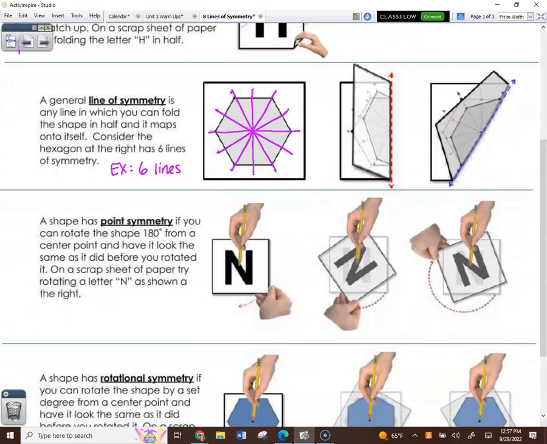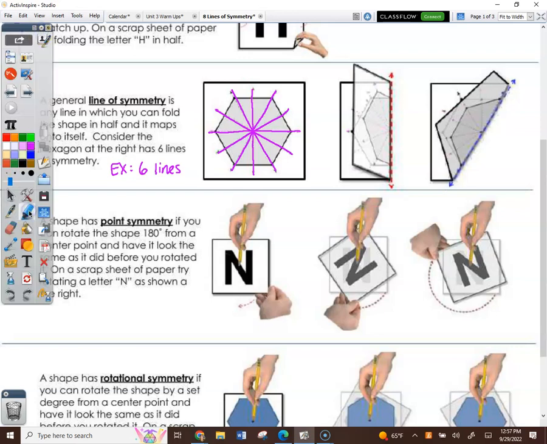Scrolling down, we have a new vocab word, which if you have a highlighter, you may want to highlight to remind yourself. We have what's called point symmetry. Now don't focus on what's on the picture, focus on this being a rectangle.